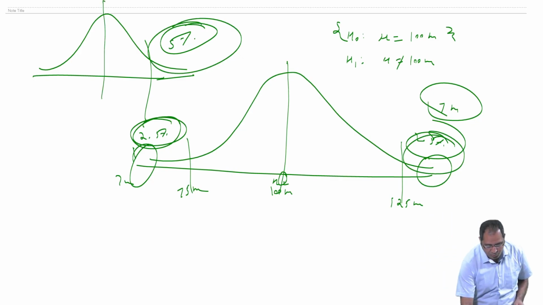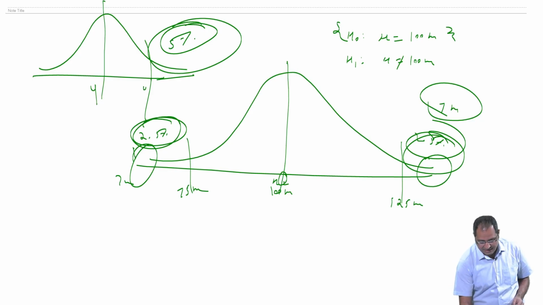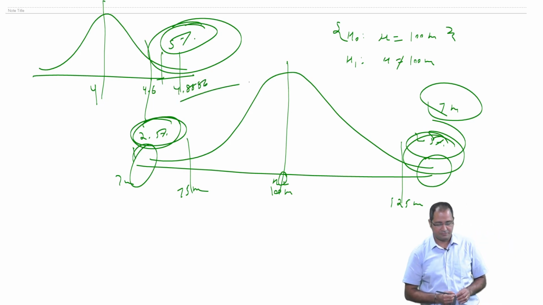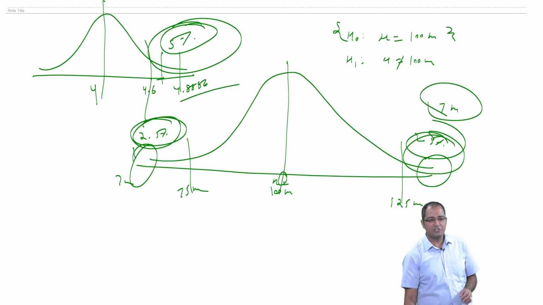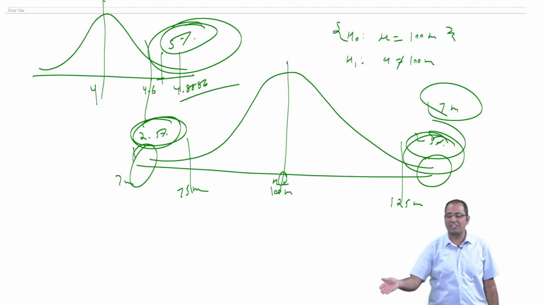And this is mu is 4, this is familiarity rating 4, and this area is, let's say, 4.6, and your sample is somewhere here, 4.8886, which is in the 5% positive side. Mean familiarity rating exceeds 4.